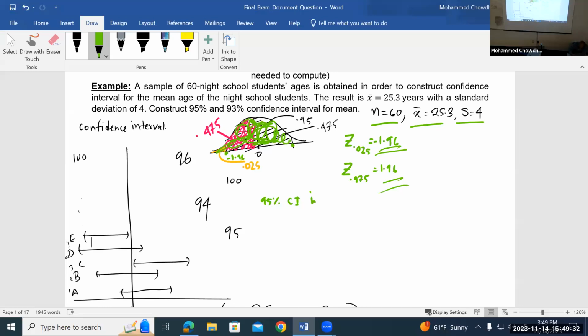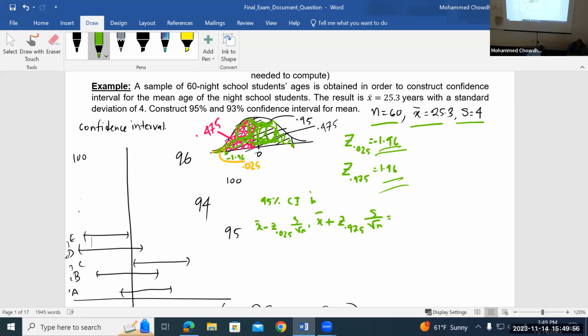formula equal to x bar minus z 0.025 s over square root of n, comma, x bar plus z 0.975 s over square root of n. Okay, now let me plug the value.